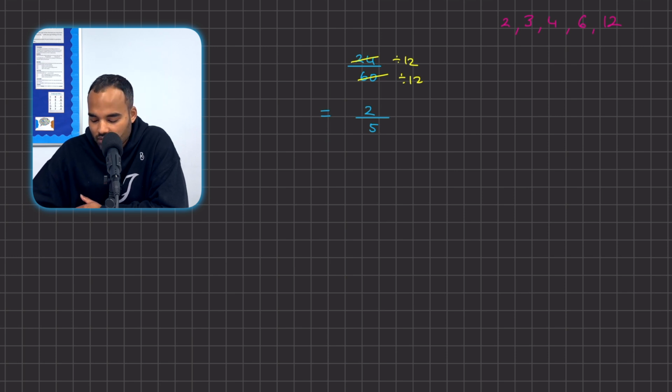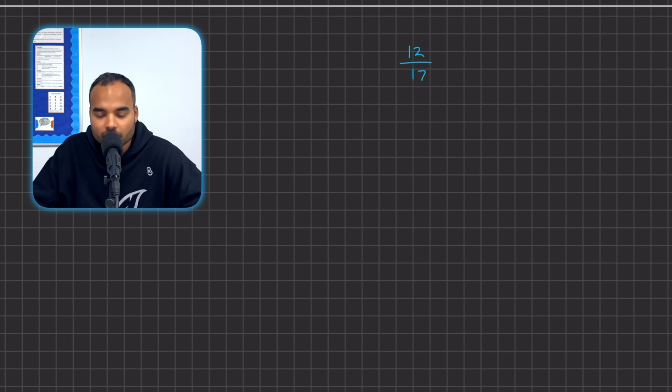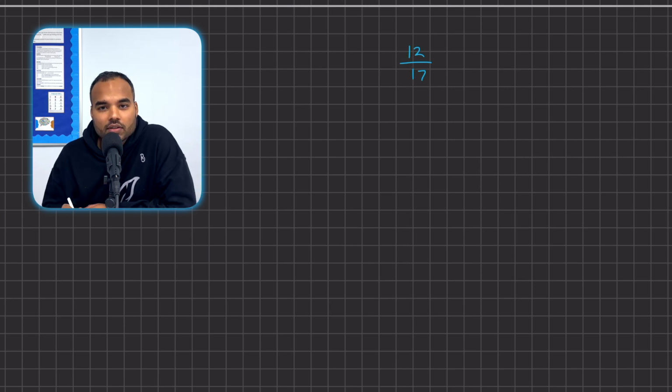So let's have a look at another example. Let's take the fraction 12 over 17. Is this fraction in its simplest form? Yes, it is, because the only number that goes into both 12 and 17 is 1. Another giveaway is that 17 is a prime number, so we can't simplify that fraction anymore.